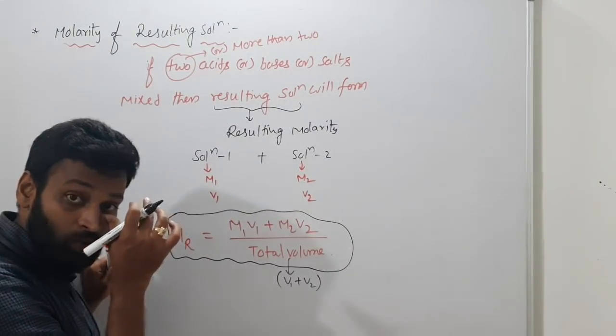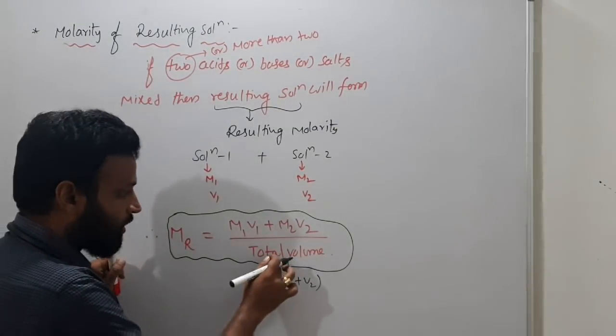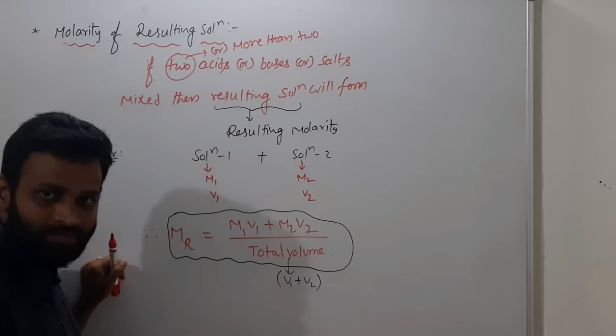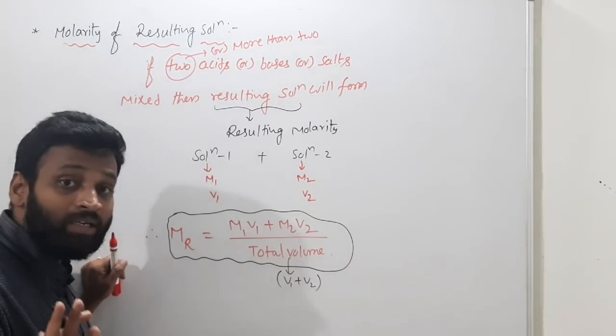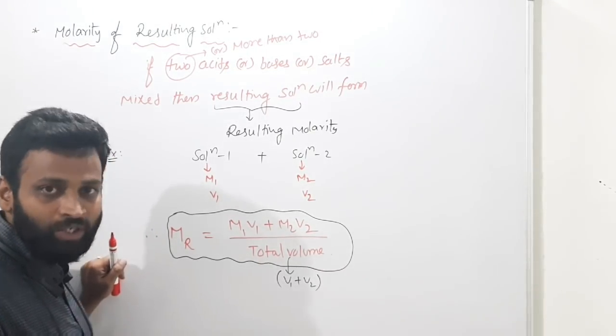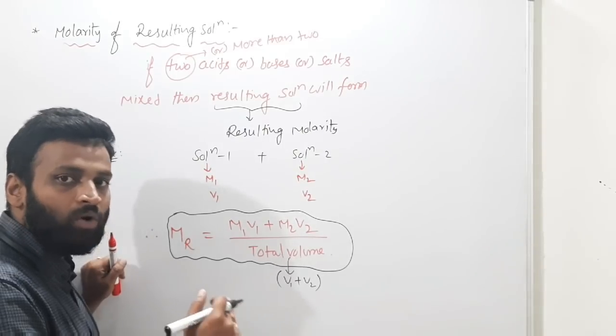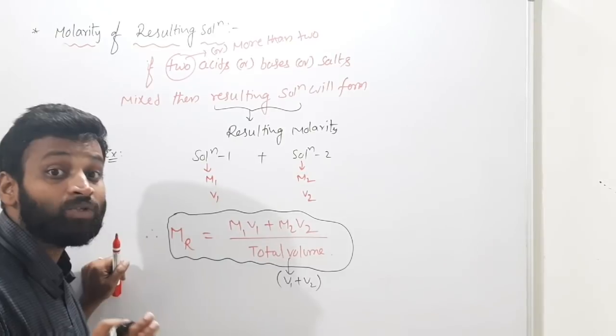As I told you, in dilution, excess solvent is added, so the total volume can increase. You cannot take V1 plus V2 all the time. Sometimes the total volume can be more than V1 plus V2 in case of dilution.